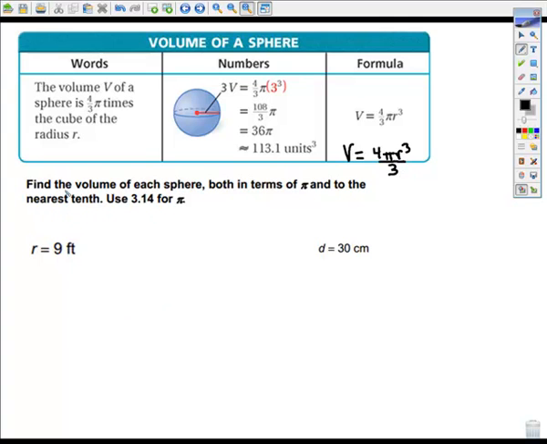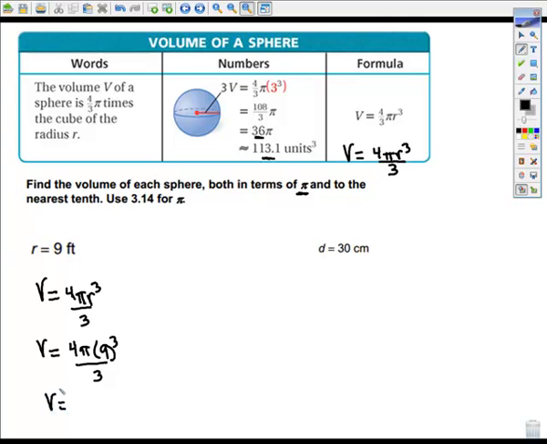Okay, we want to find the volume of each sphere both in terms of pi and to the nearest tenth. So my volume is 4 pi r cubed divided by 3. Here I have 4 times pi times 9 cubed, that's the radius, divided by 3.